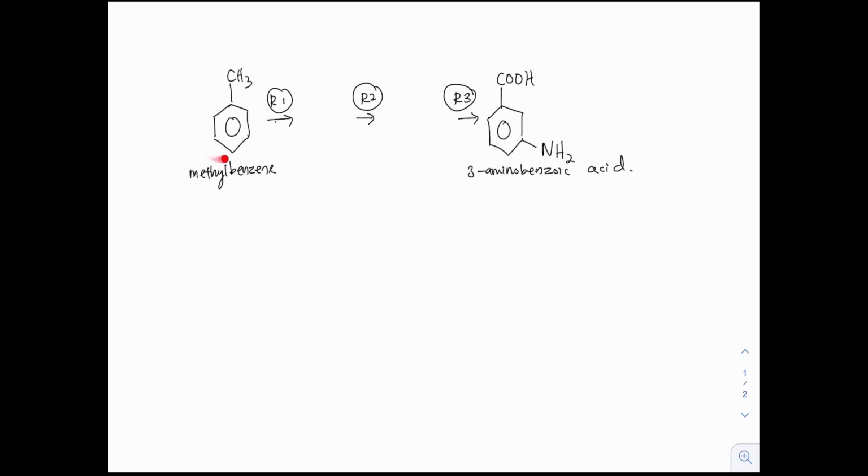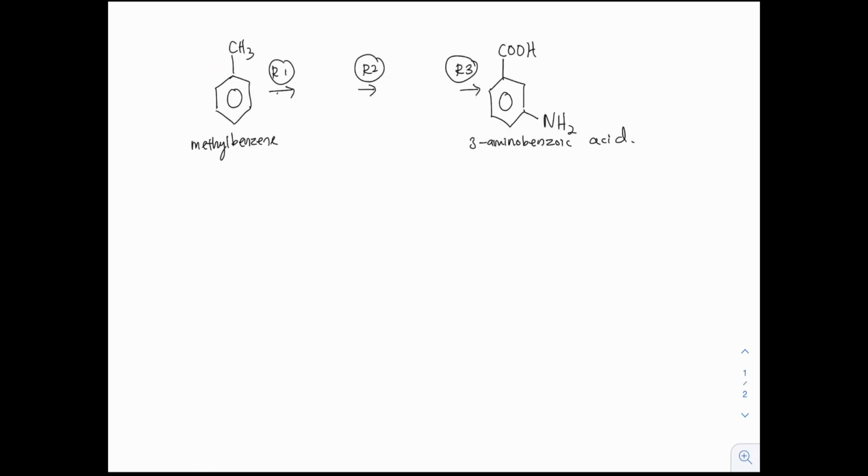Now you need to do a comparison with the product. Is it possible for you to convert CH3 to a carboxylic acid or CH3 to an NH2 based on the reactions that you know of in this chapter? First of all, we will have to recall the reactions that could happen in methylbenzene.